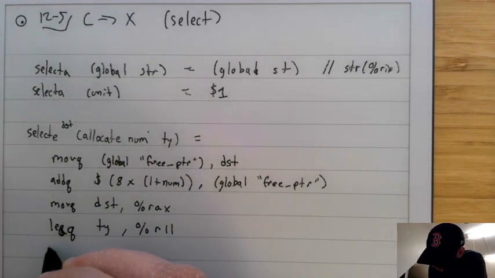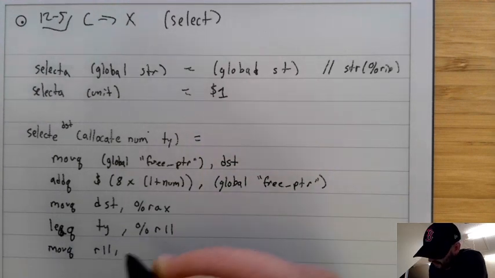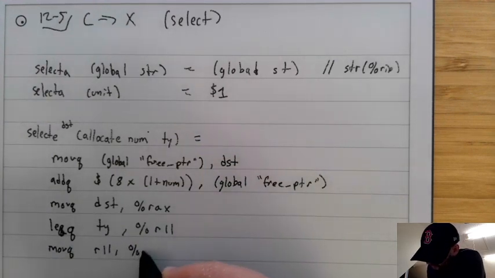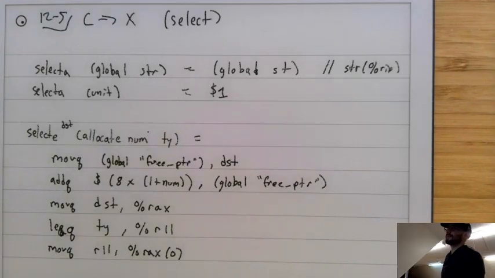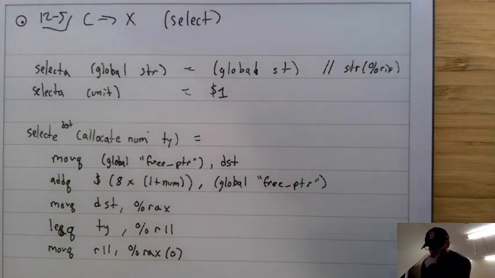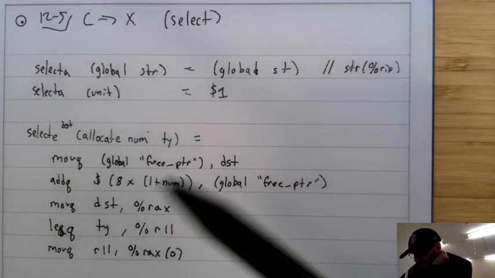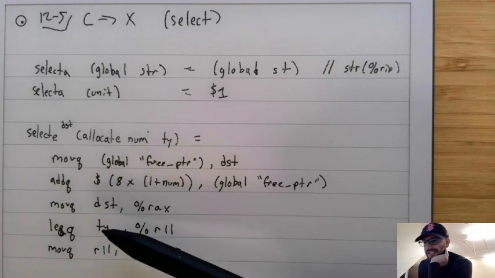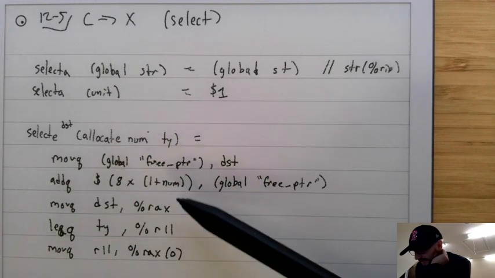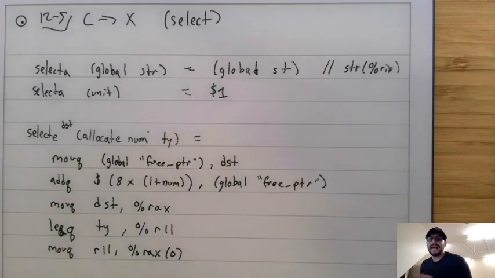Then we're going to move Q R11 into RAX 0. Okay, now what's going on here? What we want to do is make it so that the pointer to the type is installed in the first cell of destination. So how can we actually make that happen?